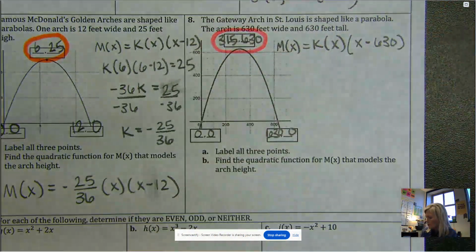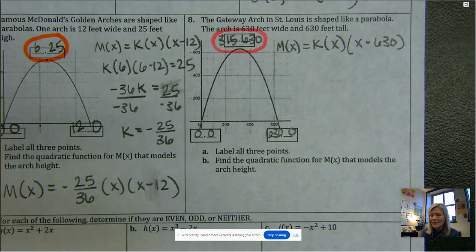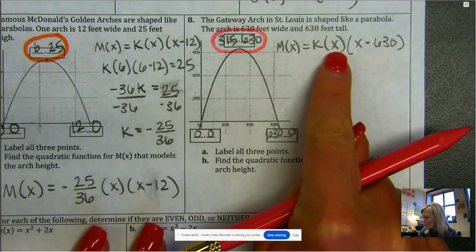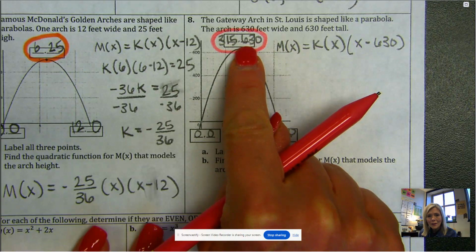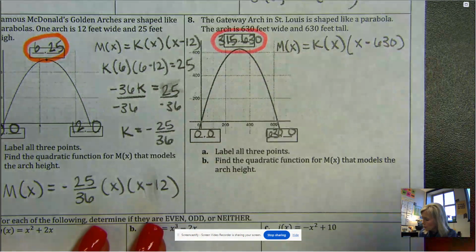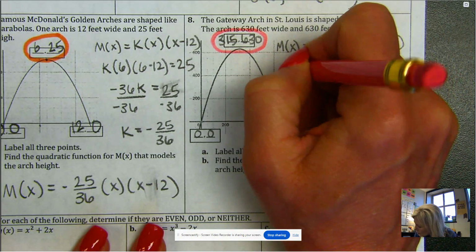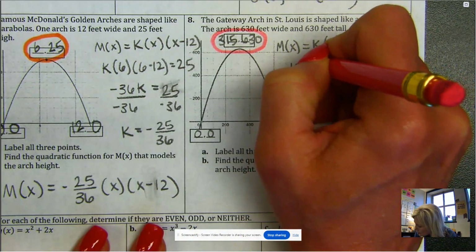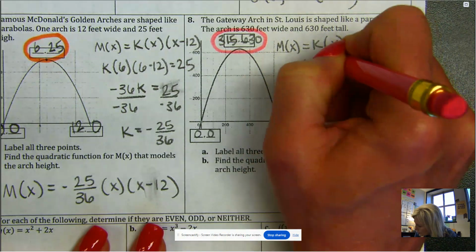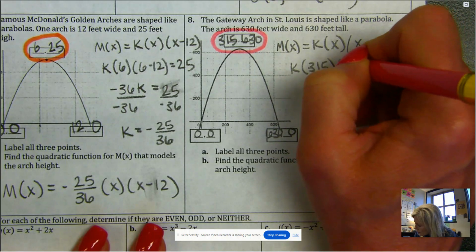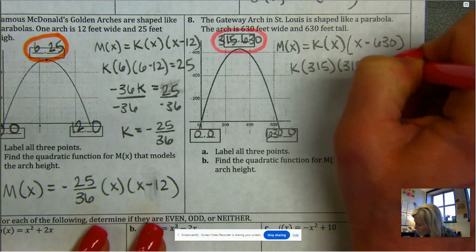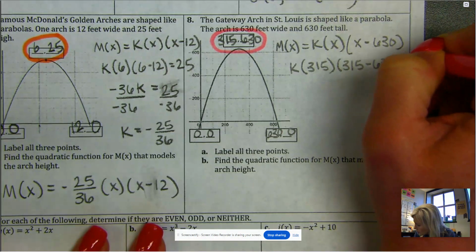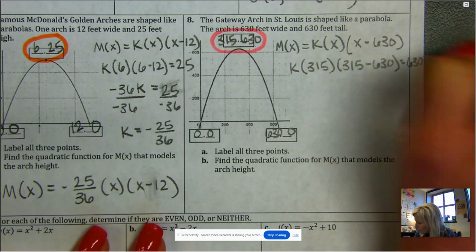In the coordinates of this point, 315 is the x, so it's going to replace those x's. 630 is the y, so it's going to be like the answer, and then we can solve. So I know k times 315 times 315 minus 630 equals 630.